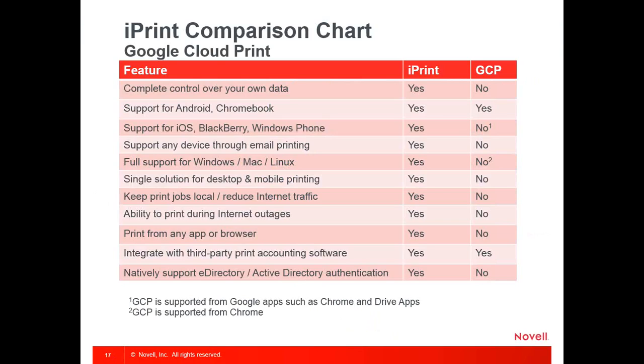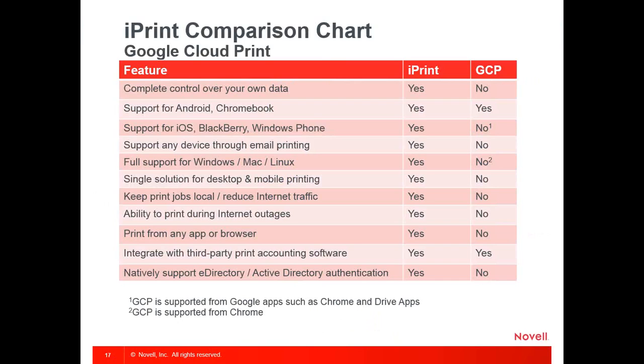So again, I make a note about control over your own data. People may wonder why that is even in here. Well, every time you print something leveraging Google Cloud Print, that print job goes through your internet connection, chewing up precious internet bandwidth, to Google, gets processed by Google, then gets shipped back down, chewing up more internet bandwidth, to your environment, and then goes on to your printers.